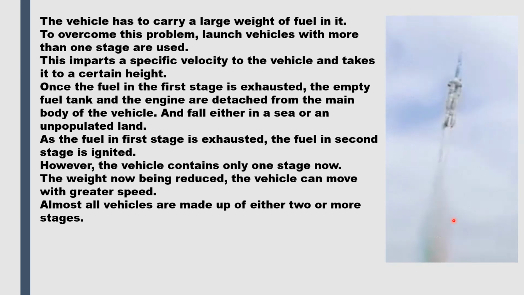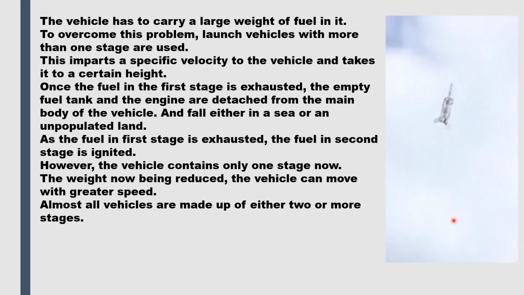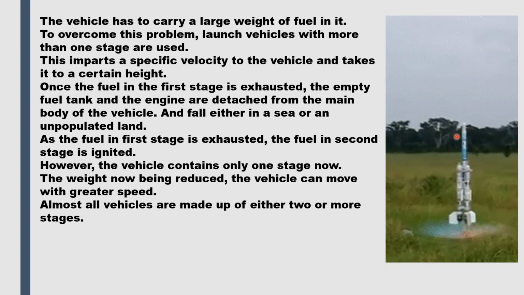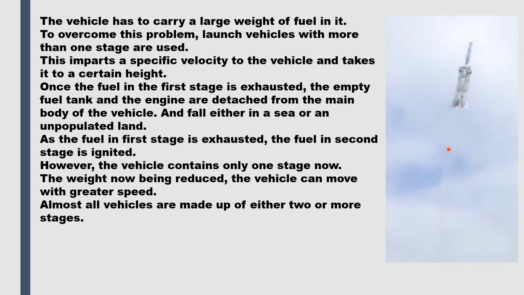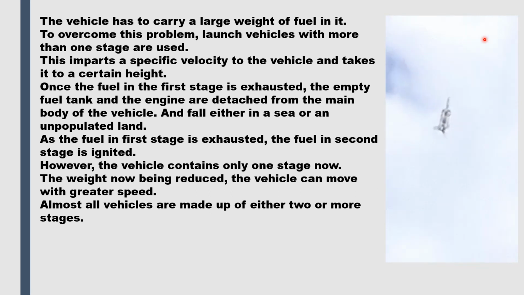Now the weight of the first stage of the satellite launch vehicle has gone. So now the second stage with its own rocket engine and propellants continues to accelerate the vehicle in the upward direction. The weight now being reduced, the vehicle propels with a high speed.